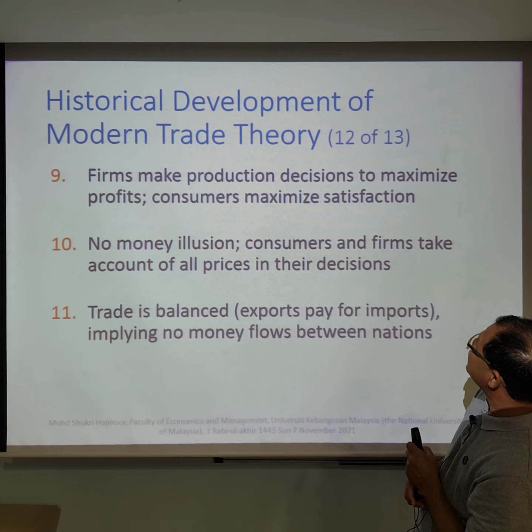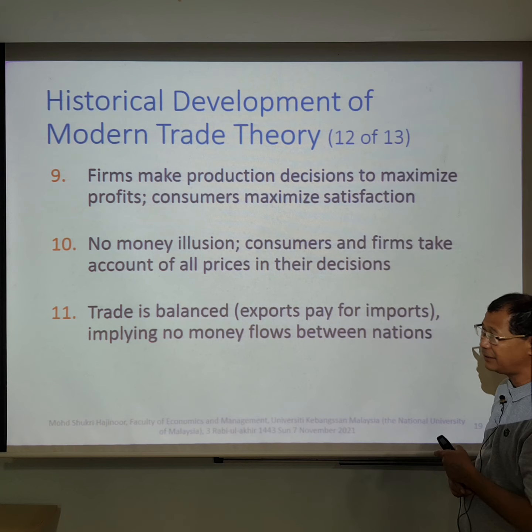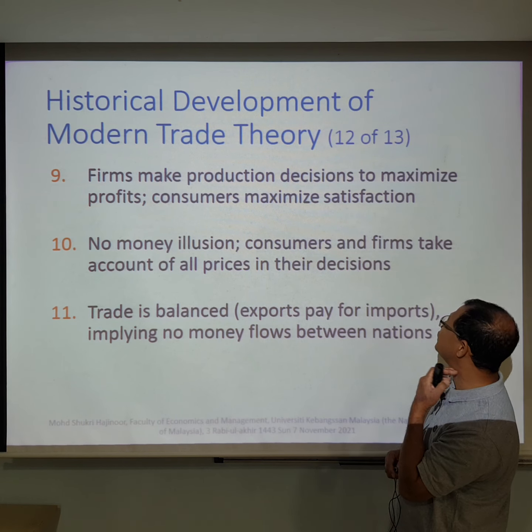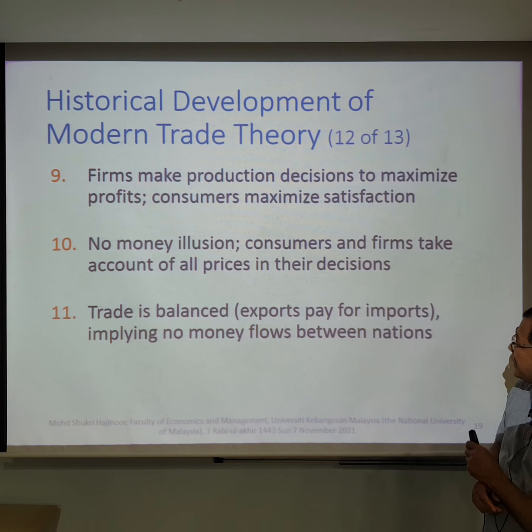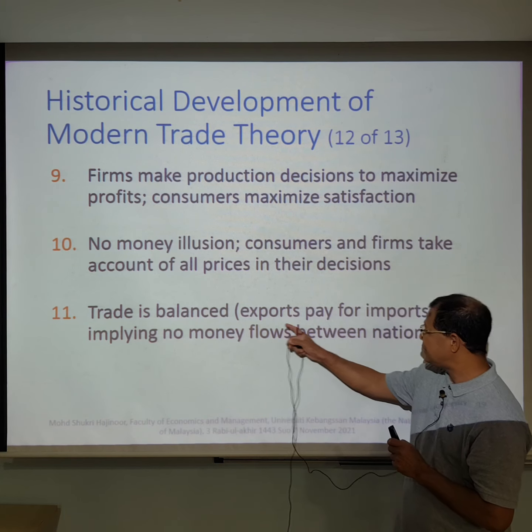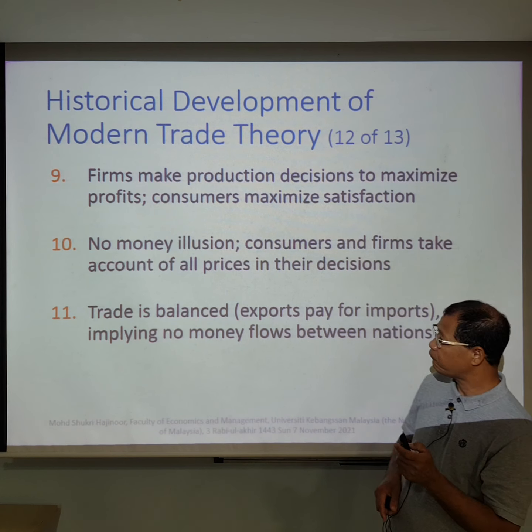Firms make production decisions to maximize profits, and consumers to maximize satisfaction. No money illusion: consumers and firms take account of all prices in their decisions. Trade is balanced, implying no money flows between nations.